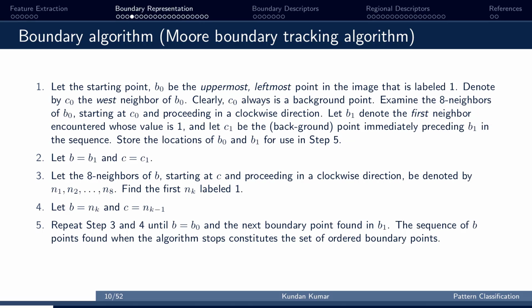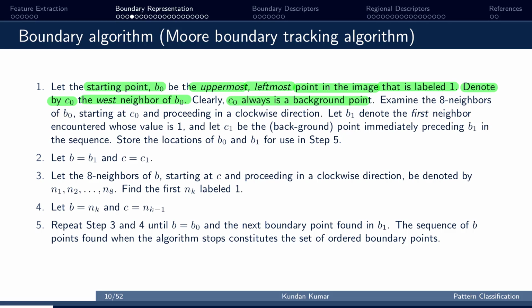So we will start with the starting point B0, that is the uppermost leftmost point in the image, that is labeled 1, and labeled 1 means that is the object pixel, and we will denote the preceding pixel as C0, that is basically the west neighbor of B0. So clearly C0 always is a background pixel.